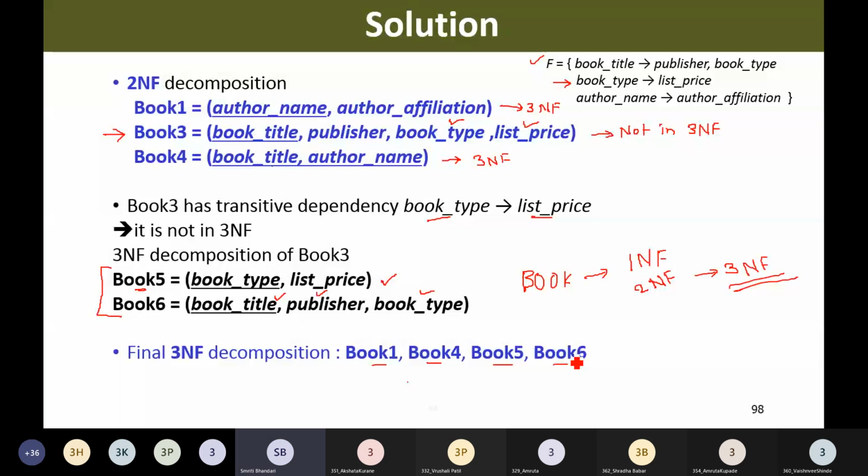We have seen one definition for third normal form, and we are going to look at one more general definition. And then we'll go for BCNF, a higher normal form than 3NF. So Boyce Codd normal form we are going to discuss in the next session.